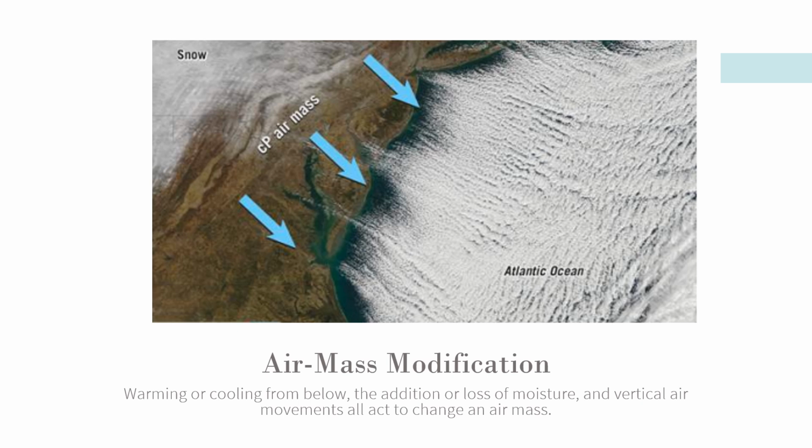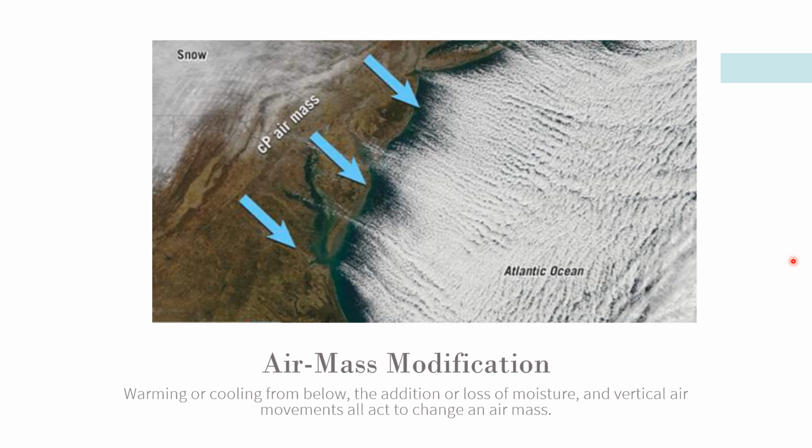Aside from that example, you can see in this photograph in this slide a satellite image of the modification of a cold, dry, and cloud-free continental polar air mass. As you can see here, this is the continental polar air mass that produced a cold snap in the eastern United States.